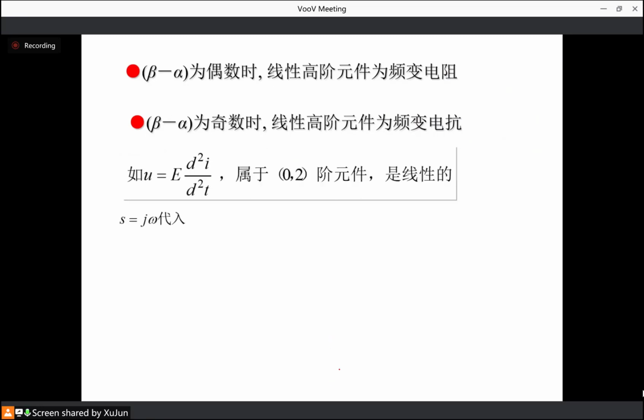And in the sinusoidal steady state, for example for this component, this is the time domain.